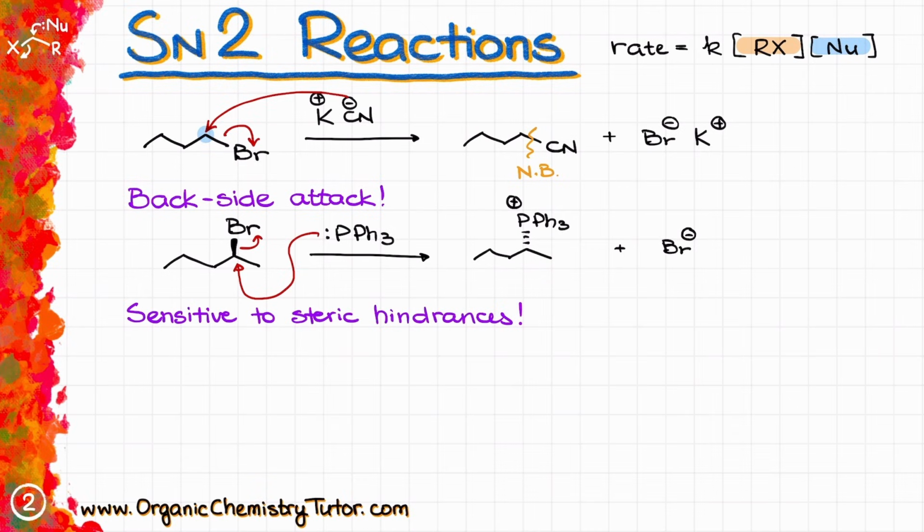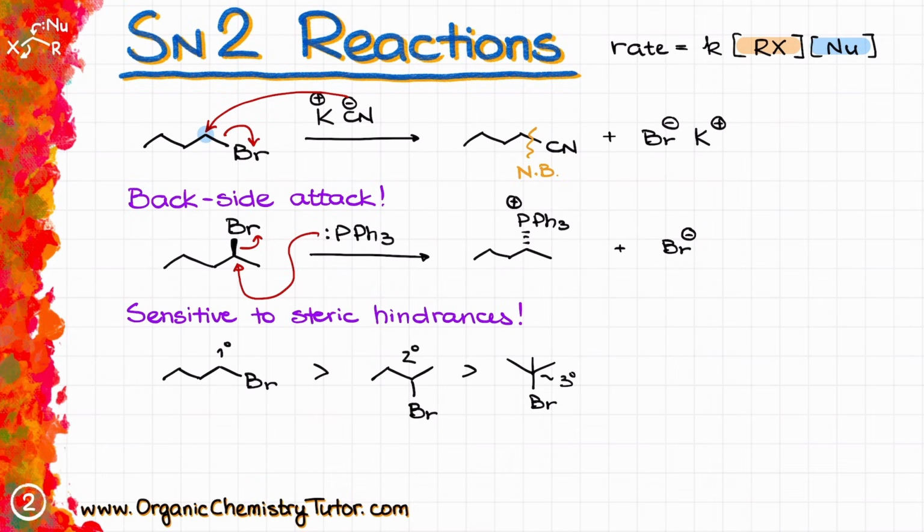Which means that if I were to rank my electrophiles based on their reactivity in the SN2 reactions, the primary electrophile, something like this, where my leaving group is at the primary position, is going to be the most reactive, followed by the secondary electrophiles, like so, followed by the tertiary electrophiles, something of this sort.